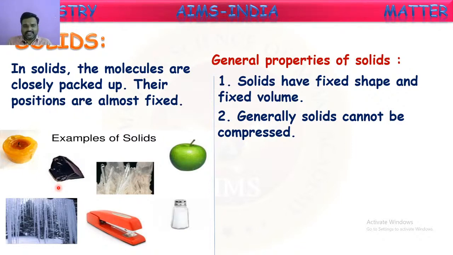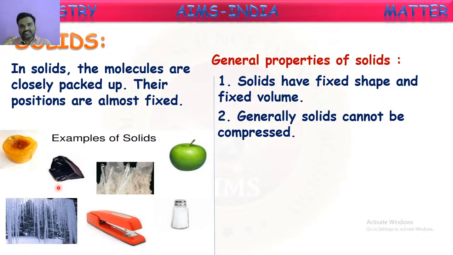We may get some doubt here. We say generally a sponge is a solid, but it can be compressed easily. Why? This is because even though the sponge is a solid, between its molecules there will be no gap. There also, molecules are tightly bound. But in its physical arrangement, there are air gaps in the sponge if you observe clearly.